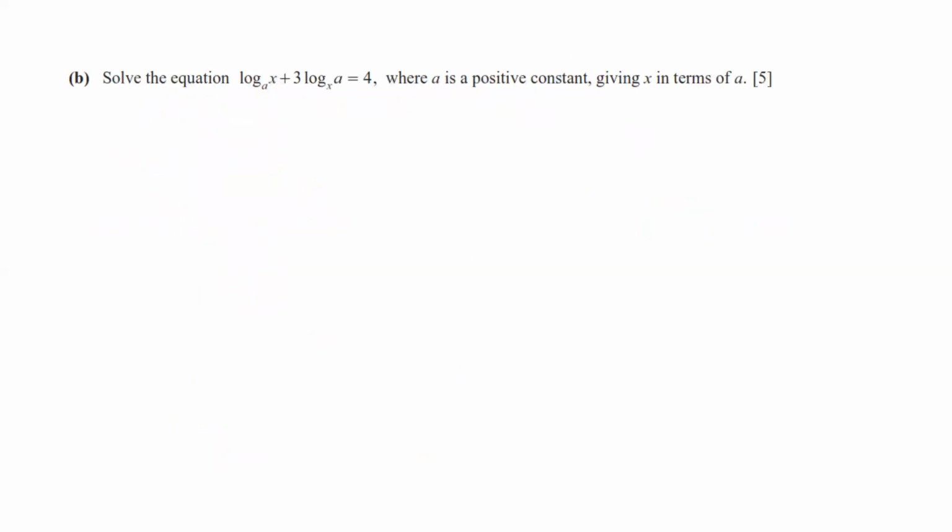So moving ahead, part B, it says solve the equation log_a x plus 3 log_x a equals 4, where a is a positive constant, giving x in terms of a. So remember, this is interesting. So log_a x is equal to 1 over log_x a.